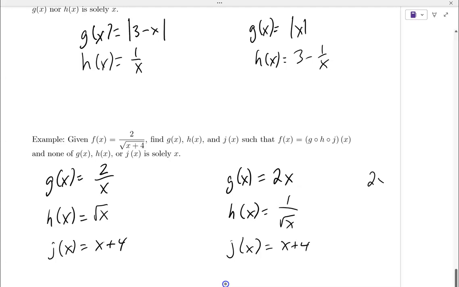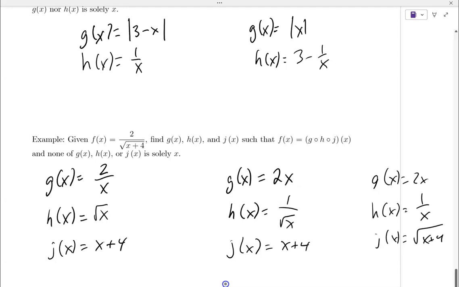If you did that, what would your j of x have to be? Square root of x plus 4, right? Because I need that square root of x plus 4 to go on the bottom.